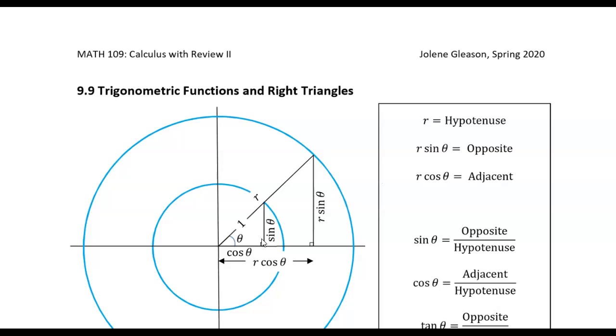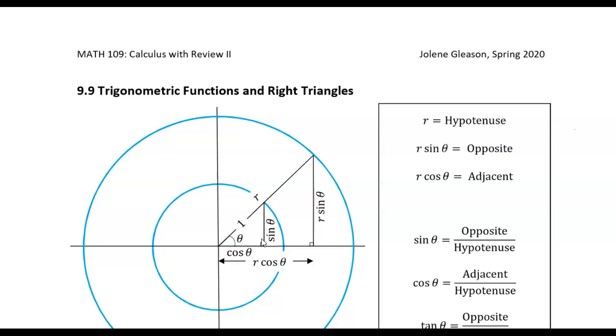And the adjacent side, which is adjacent to the angle that we're interested in, is r cosine theta. Now we can take those definitions and see that if we take the opposite side, r sine theta, and divide it by the hypotenuse, r, we get sine theta. So sine theta is opposite over hypotenuse.